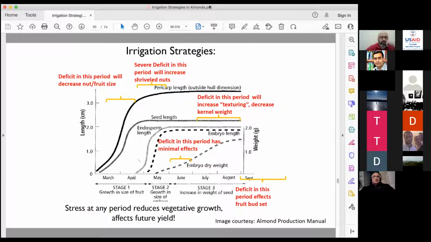So during that period, you really need to monitor your soil moisture. At least once you have to irrigate after you shake your trees, after you harvest. You have to apply a good amount of irrigation at least once, and then monitor your soil moisture.